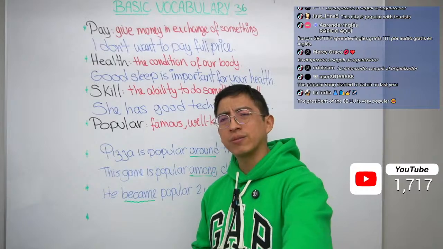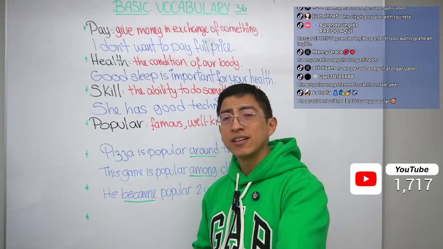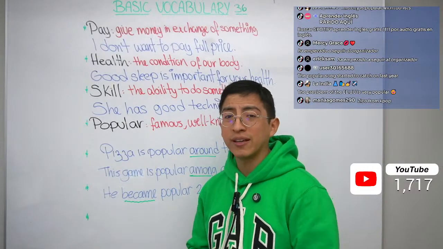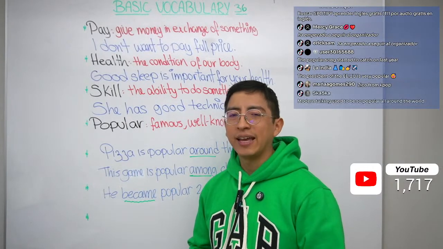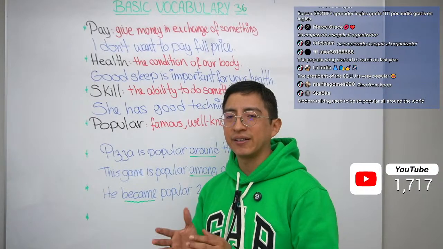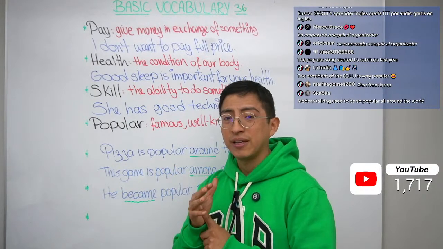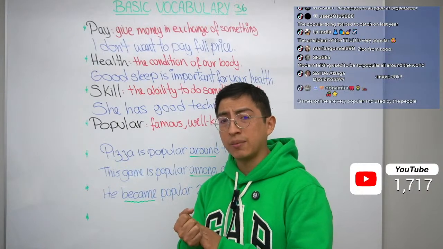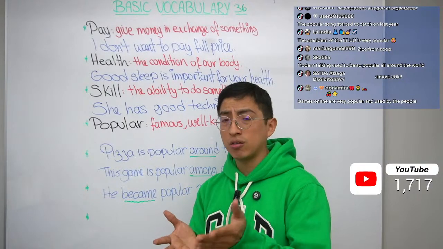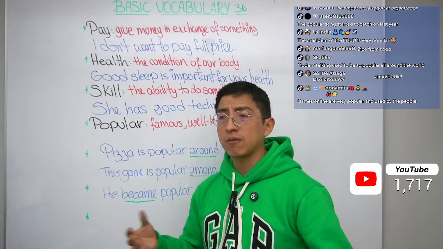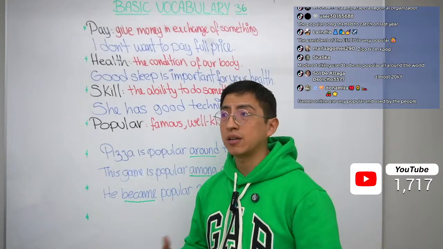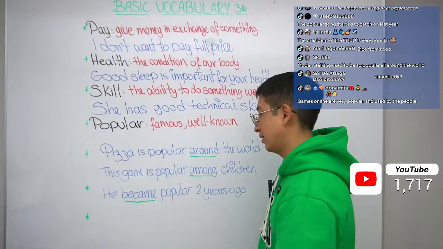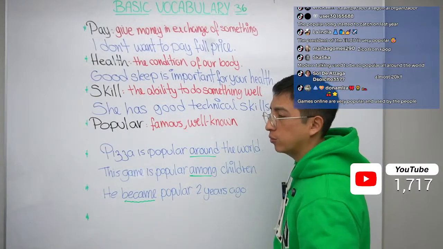There were a lot of influencers that became popular during the pandemic because everybody was at home and had a lot of free time. Some people spent a lot of time on TikTok, on YouTube, and other people had a lot of free time to create content, so they became popular during the pandemic. Yeah, so that's it. Become, or to become popular.